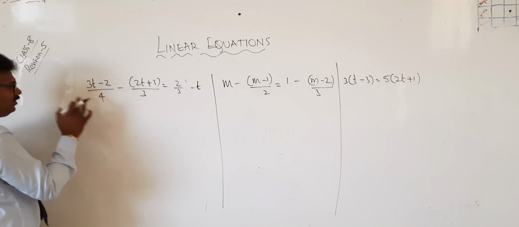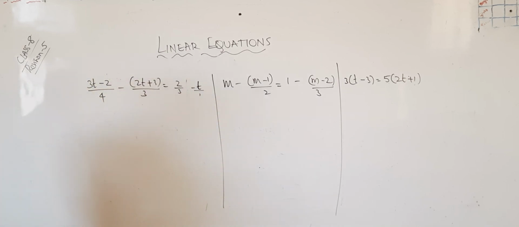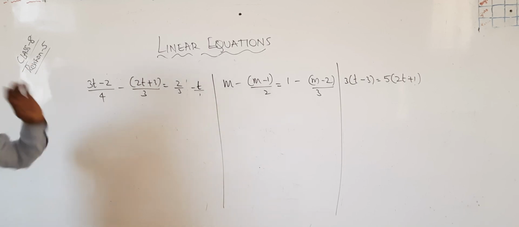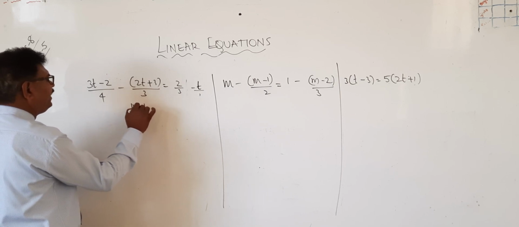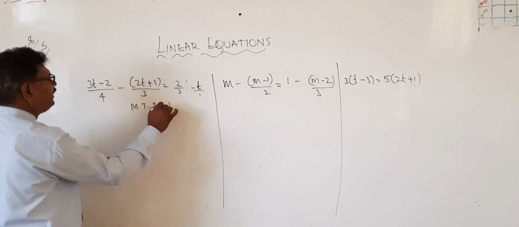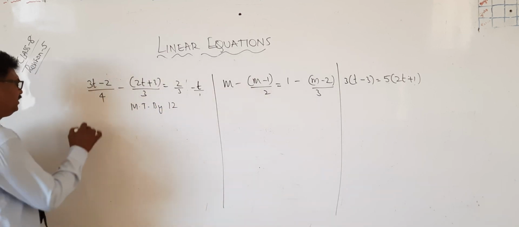Now very simple. First we have all fractions here. So let me take the LCM so that the denominators cancel by themselves only. 4 and 3, LCM 12. Therefore, multiply throughout by 12. Now 4 3s are 12.